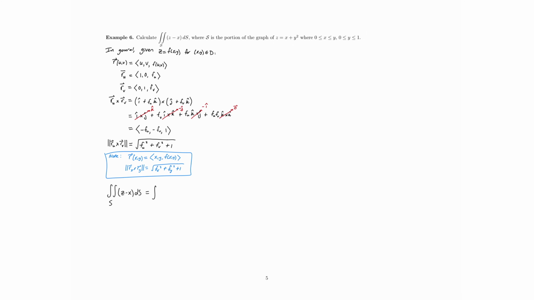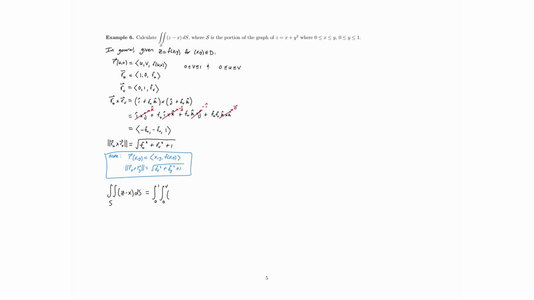If we look at our bounds here, if x is u and y is v, then we have u between 0 and v, and v between 0 and 1. So I can say v between 0 and 1, and u between 0 and v. In which case, this would be the integral from 0 to 1, integral 0 to v.